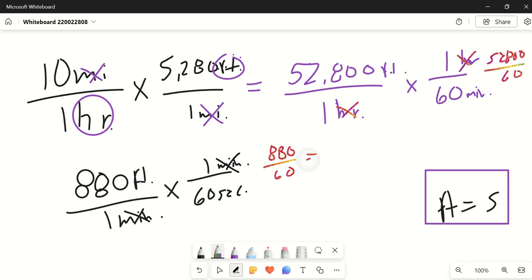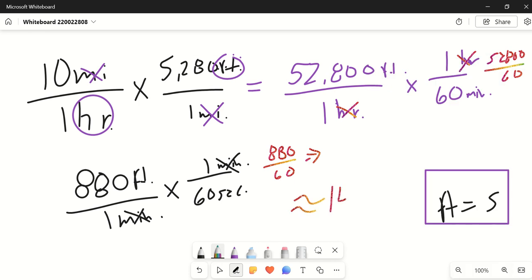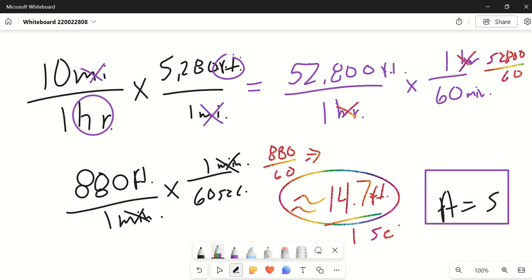When I divide that, 880 divided by 60, I will get 14.66666 forever and ever, or about 14.7 feet per second. So this team that runs an average of 10 miles per hour is actually doing 14.7 feet per second.